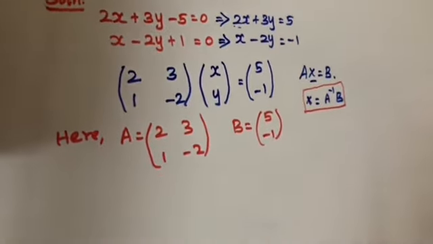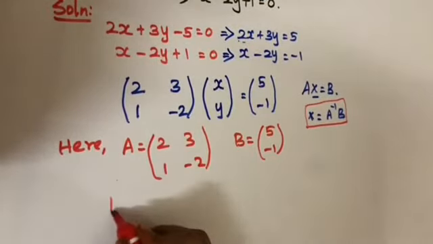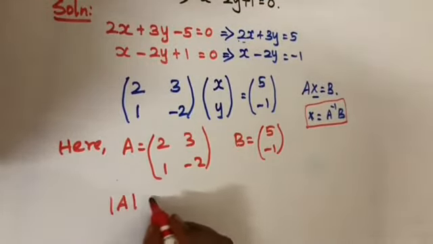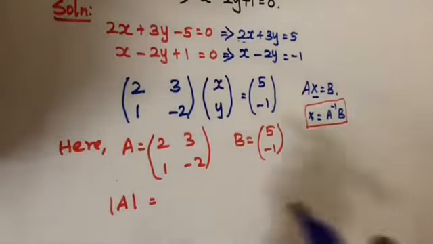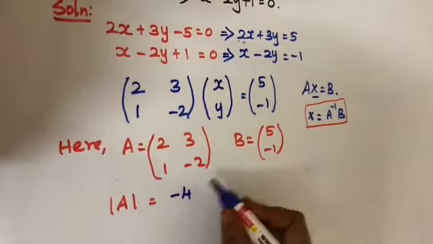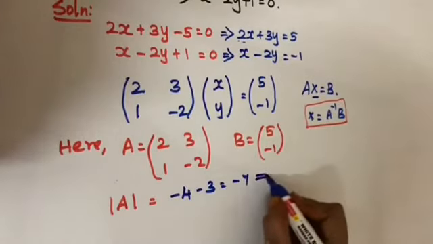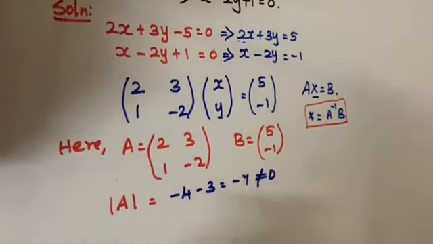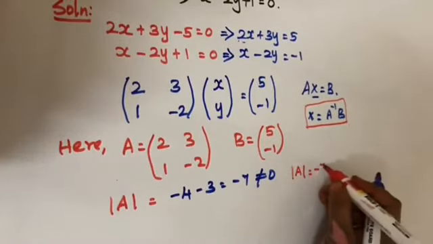To calculate A inverse, first let us check whether it is singular or non-singular. So determinant A is equal to minus 4, minus 3, that is equal to minus 7, not equal to 0. So determinant A is equal to minus 7.